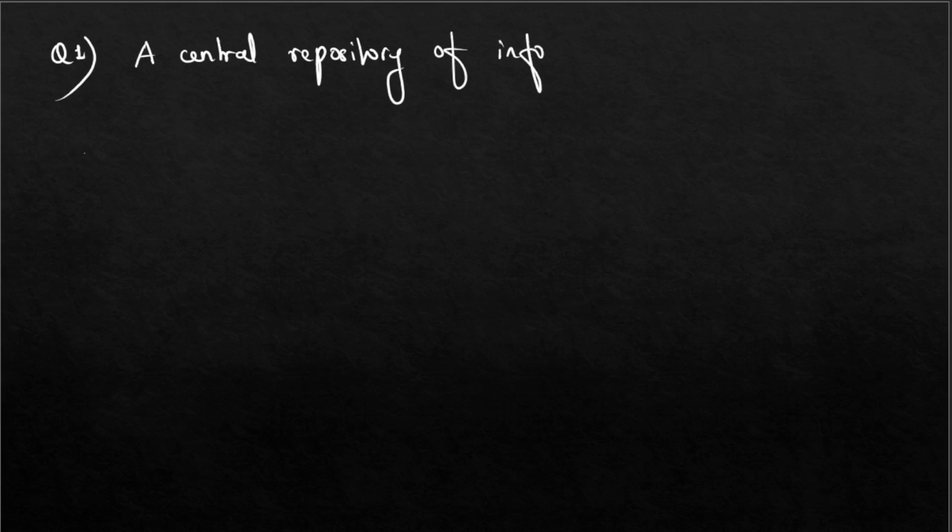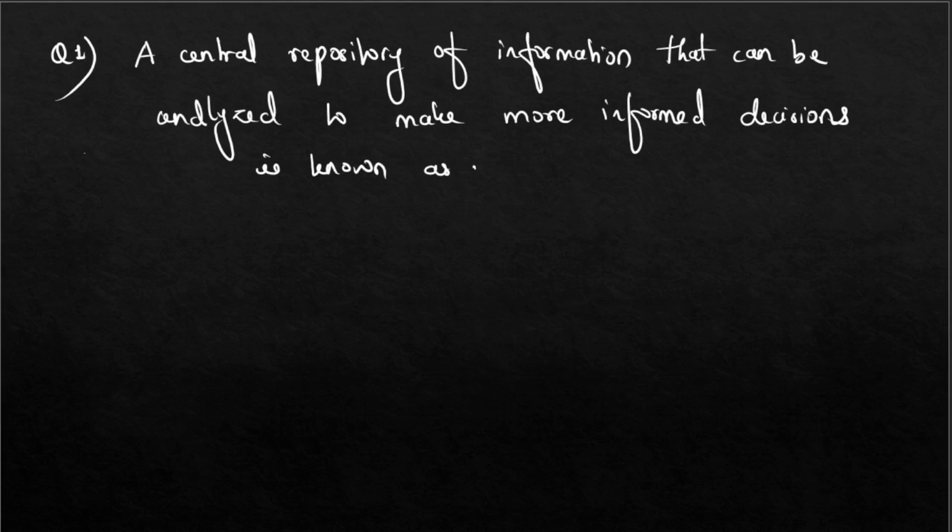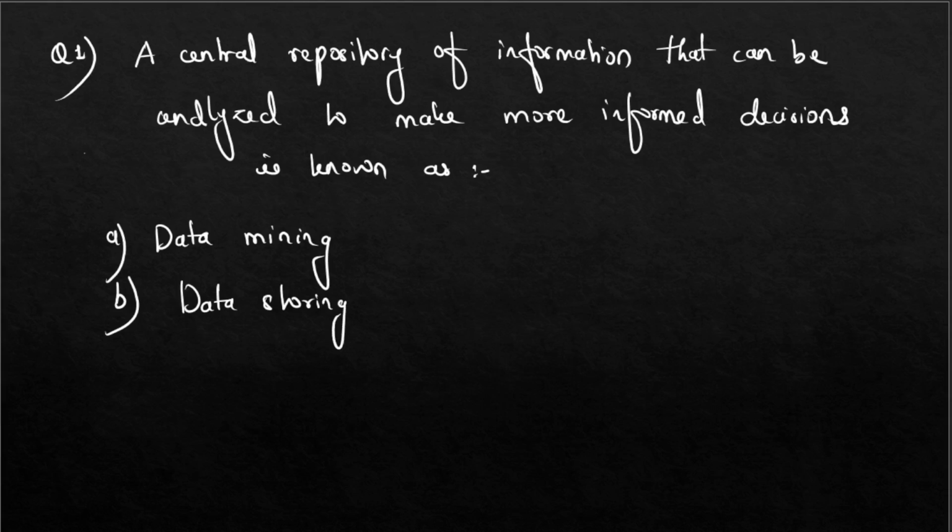So problem 1 is: a central repository of information that can be analyzed to make more informed decisions is known as: option A is data mining, option B is data storing, option C is data sorting, option D is data warehouse.